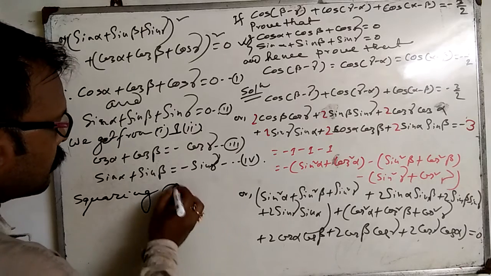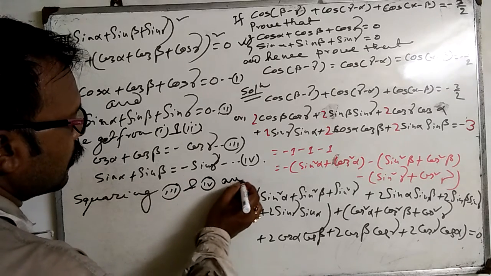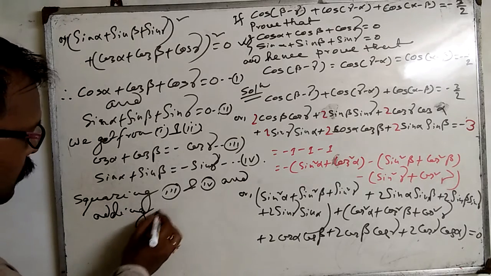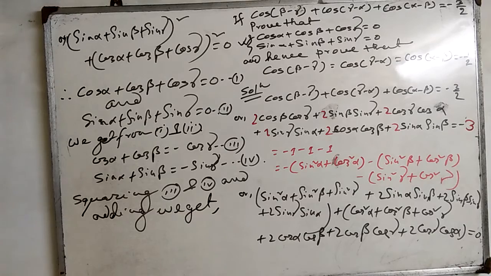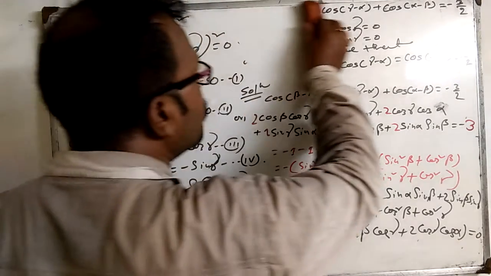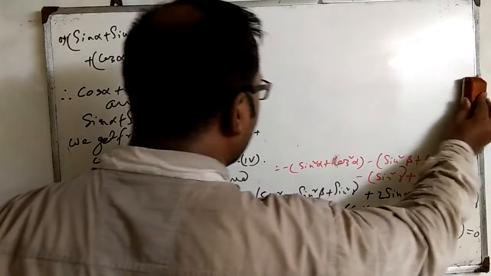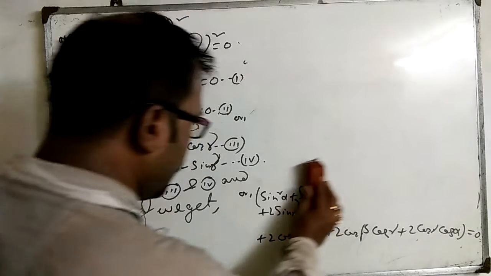Squaring 3 and 4 and adding, we get... I just write down in this part. Let's see, this is the horror problem, so I finish out that part.